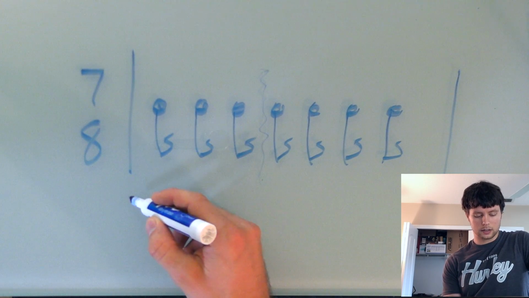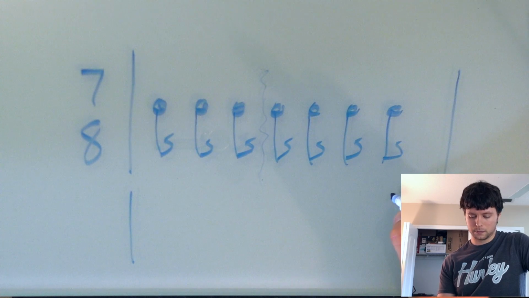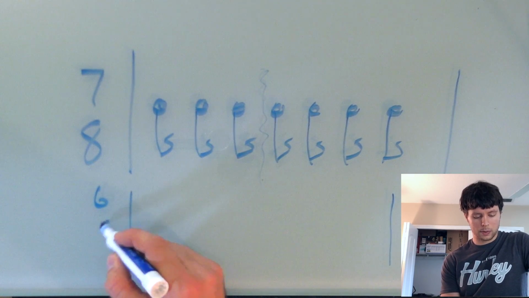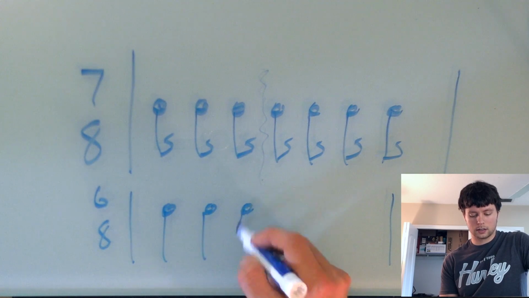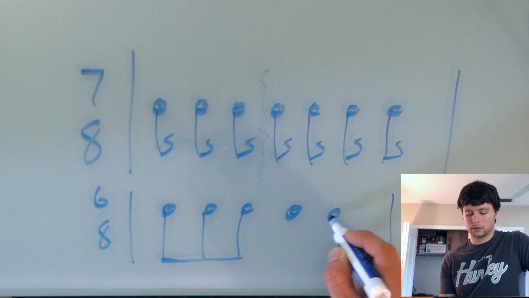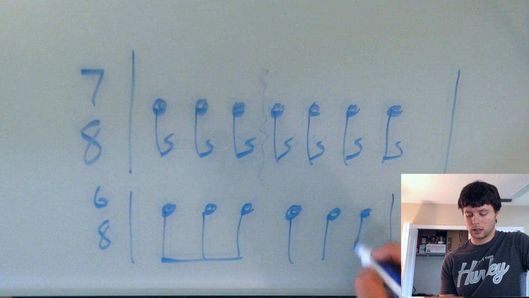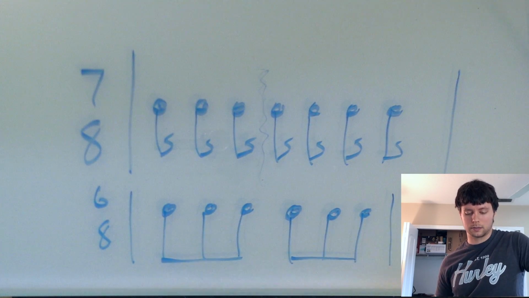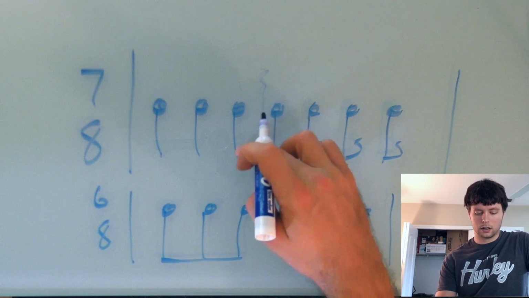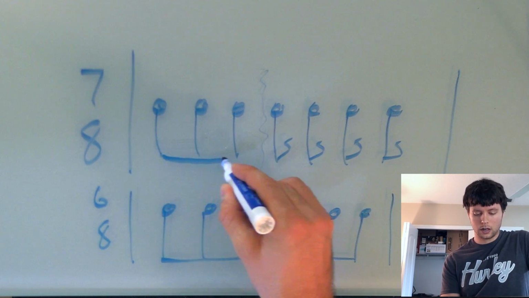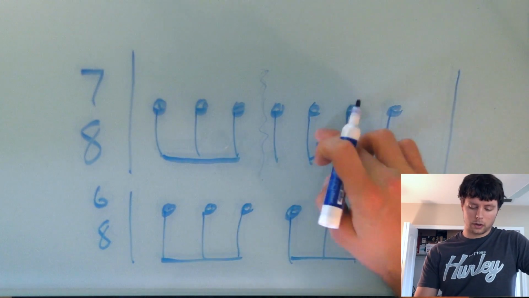And you can compare that to 6/8, which is pretty similar. You remember 6/8, we had a group of 3 and then another group of 3. Basically, we had 2 beats, and each beat had three eighth notes in it. In 7/8, if we break it up this way, we get a beat that has three eighth notes in it, and then a beat that has 4.